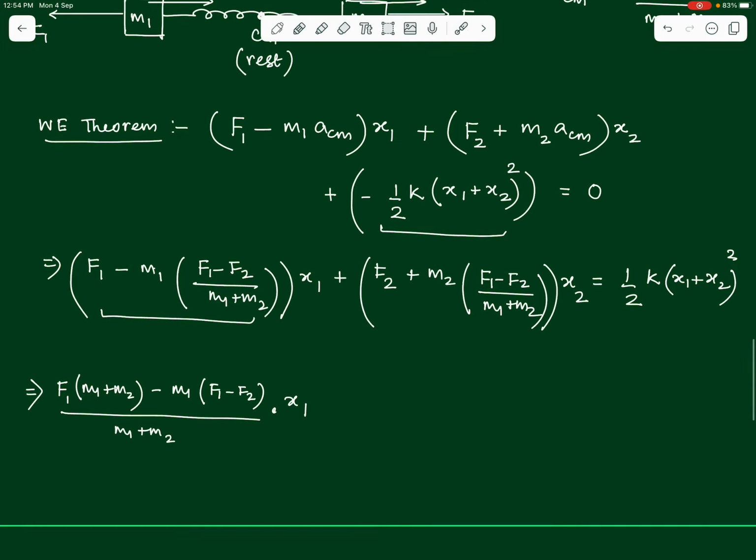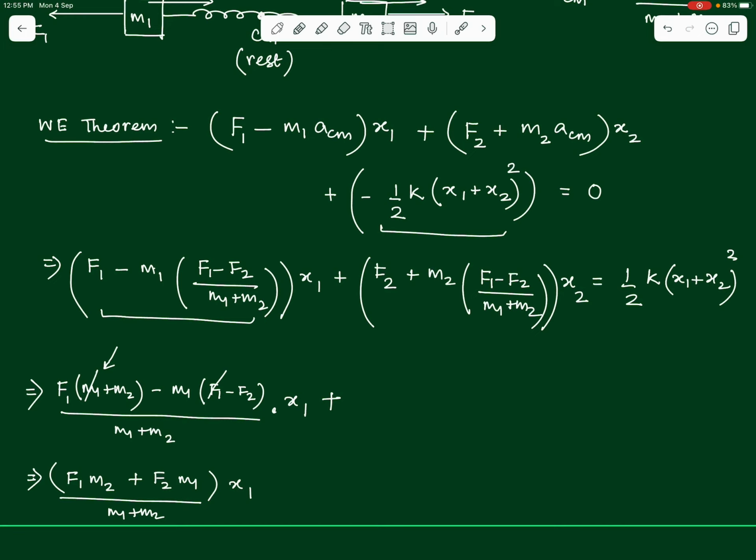In this term, the first two terms are m1 F1 and m2 F1, and here we have minus m1 F1. So minus m1 F1 will cancel out with plus m1 F1, and we will be left with F1 m2 plus F2 m1, divided by m1 plus m2, times x1. This is what we are getting in the first term.